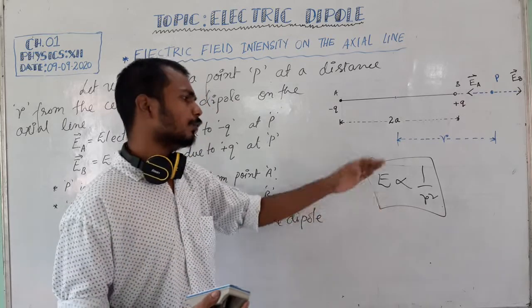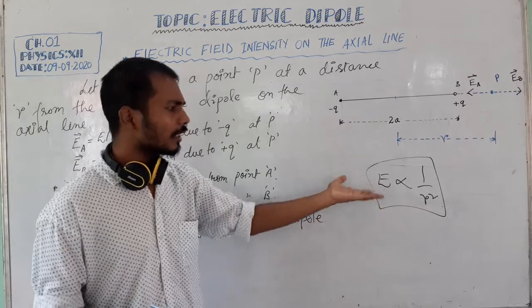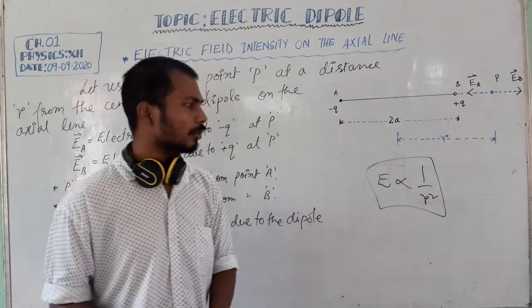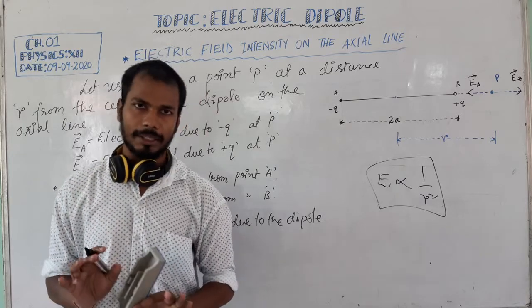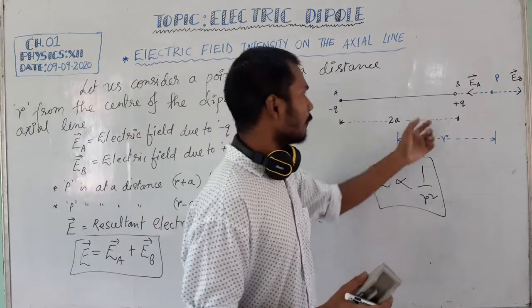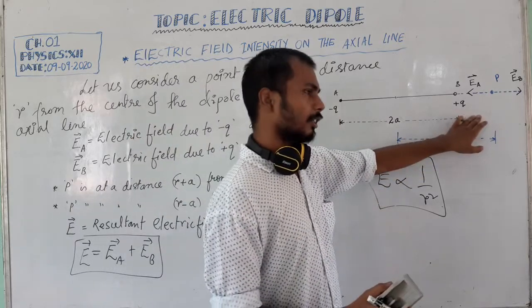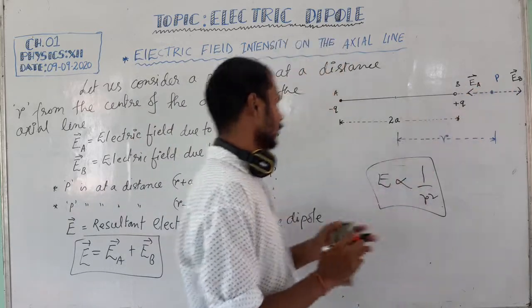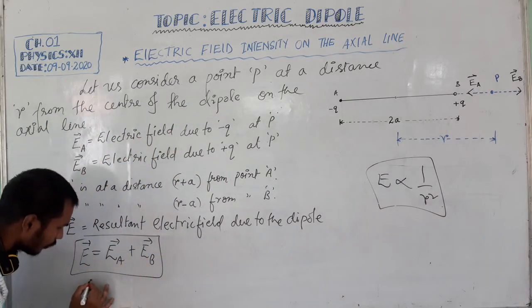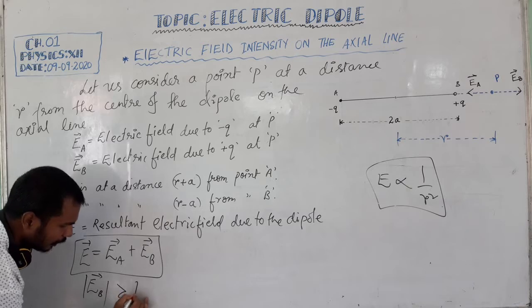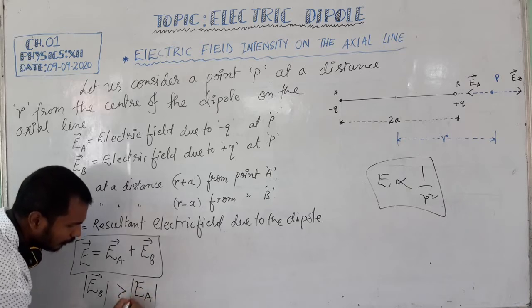Electric field comes from the force. So if the distance is more, the electric field is very weak. If the distance is very less, then the electric field is very strong. So EB is greater than EA. We can write the magnitude of EB is greater than the magnitude of EA.